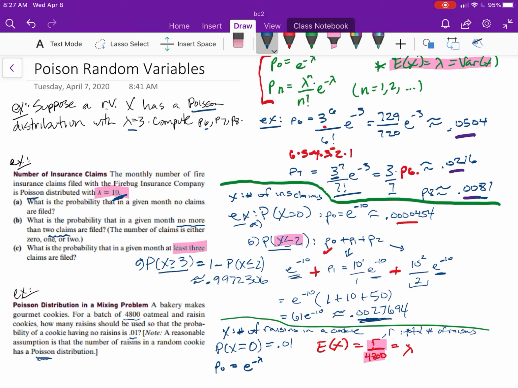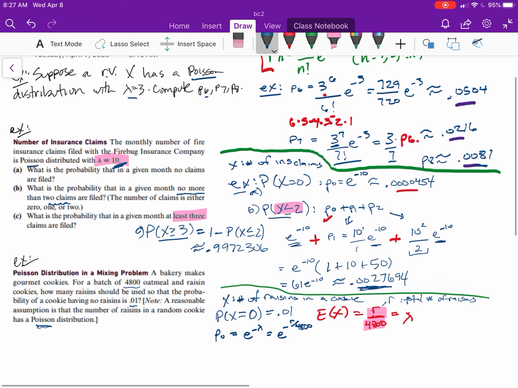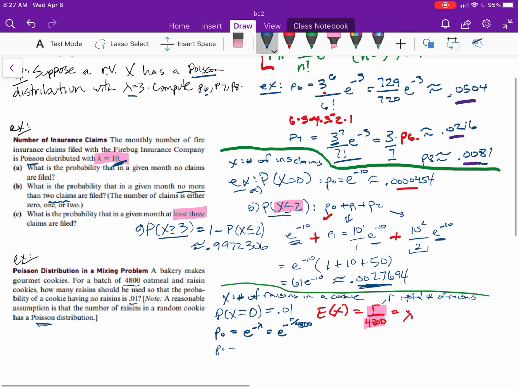But lambda we said is r over 4,800. So e to the negative r over 4,800. Okay. So I'm gonna rewrite that one step down. P naught equals e to the negative r over 4,800 because now we're solving for r, right? I want to know the total number of raisins.